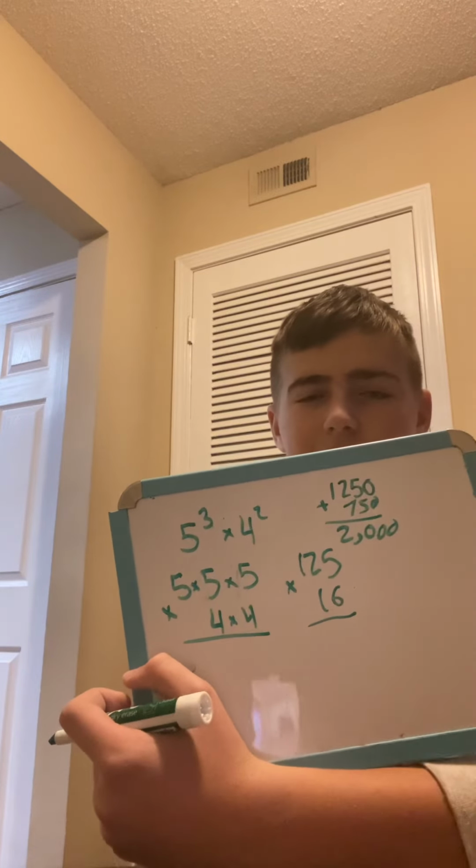Add another 125, you get 375. Multiply that by 2 to get 6 more 125s, and you get 750. 1,250 plus 750 adds up to 2,000. So then you'll have 2,000 is your answer to this.